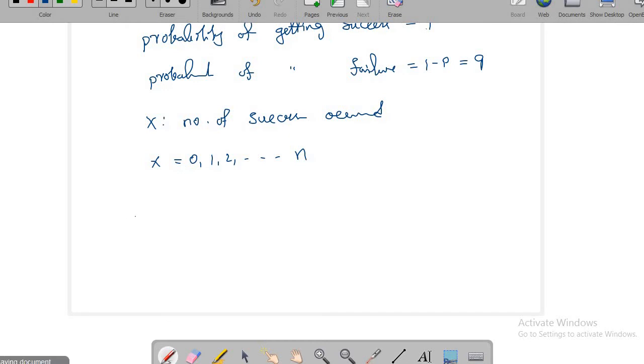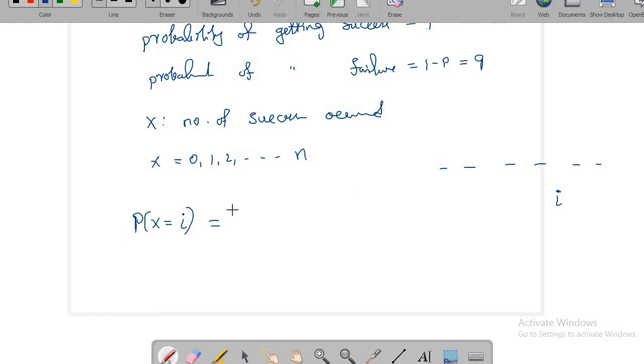Now the question is, what is the probability that X is equal to i? This is what we'd like to know. Now it is the same as the previous question. There are n places. Out of these n places, we want i successes. We want i places in which success occurs and in the rest of the places failure occurs.